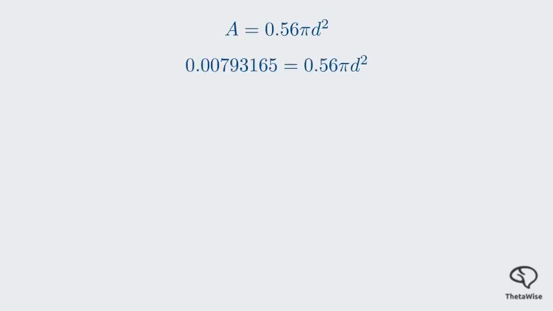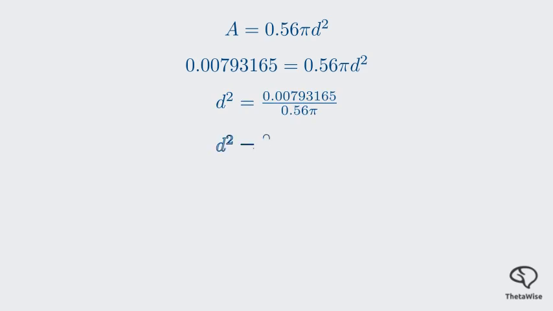So 0.0079317 square meters is equal to 0.56 pi d squared. To solve for d, we first need to isolate d squared. We can do this by dividing both sides of the equation by 0.56 and by pi. This gives us d squared equals our area value divided by the product of 0.56 and pi.